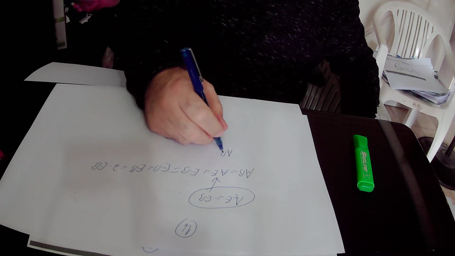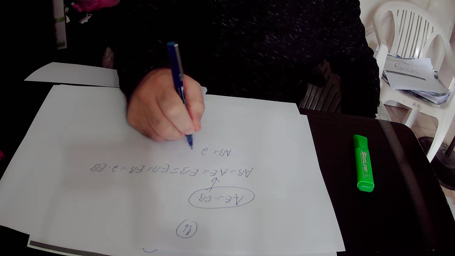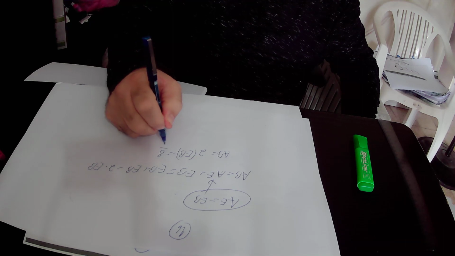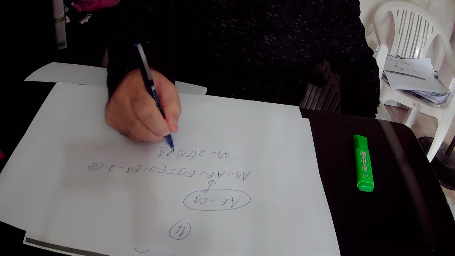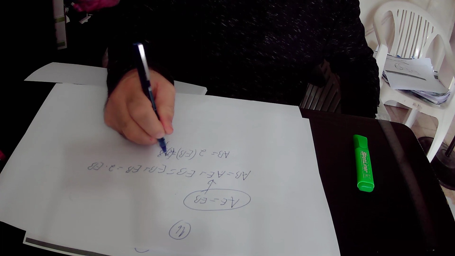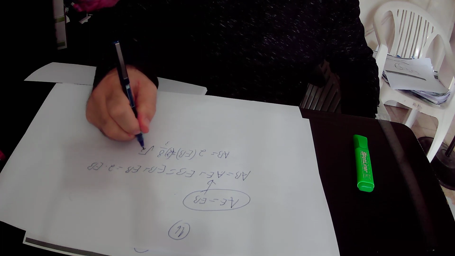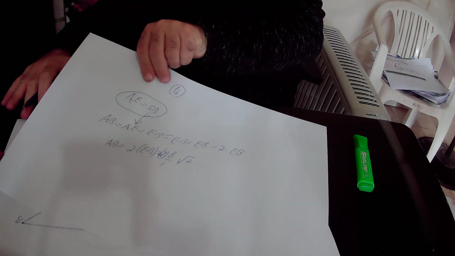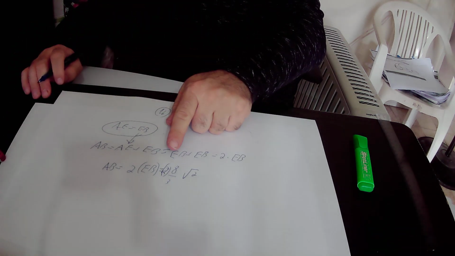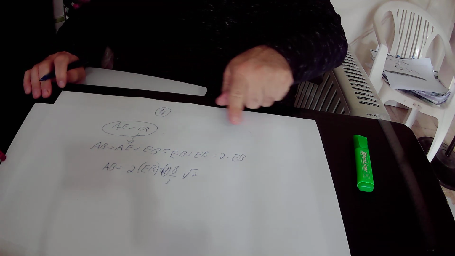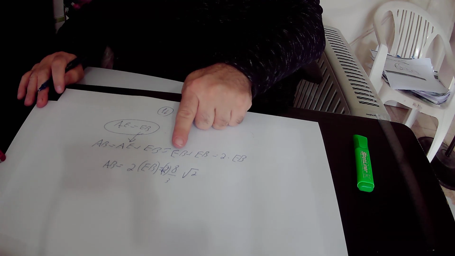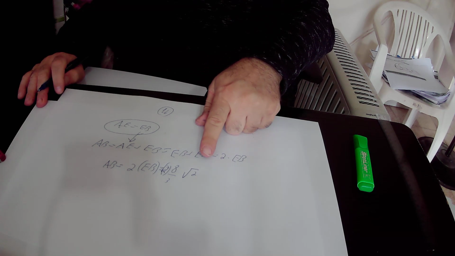and we have already found out that EB equals 8 over 3 times square root of 2 units.